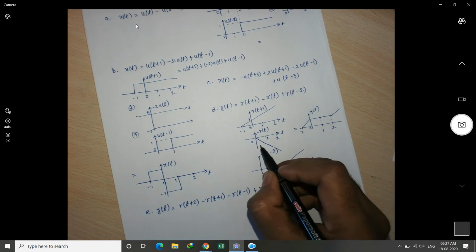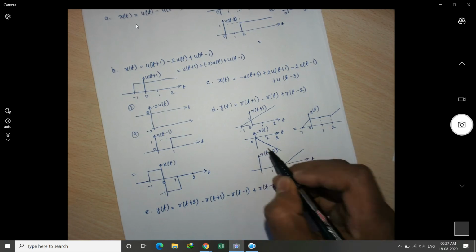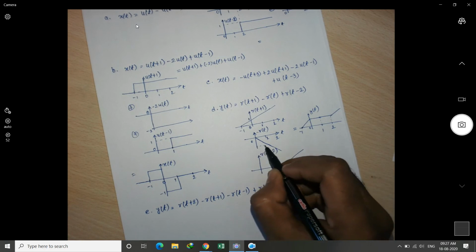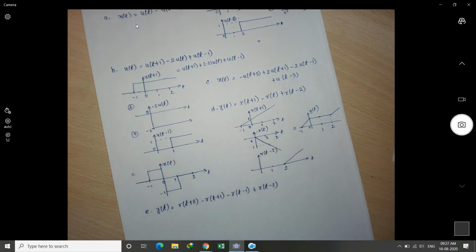Let us consider this is t equals 1. After 1 you are having the confusion. No, sir. After 0 I am having confusion on how from 0 to 2 every location is having 1.